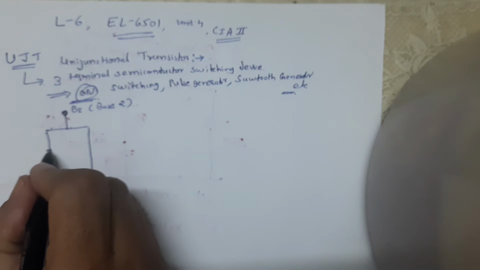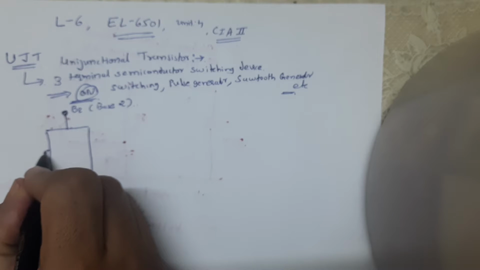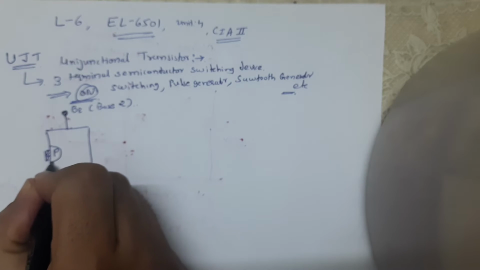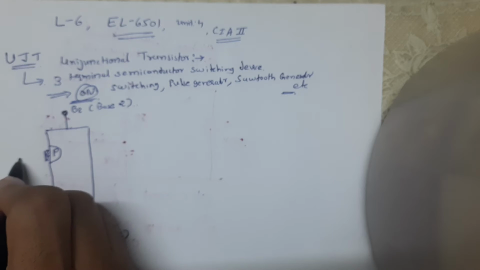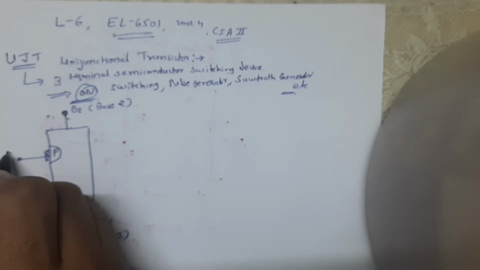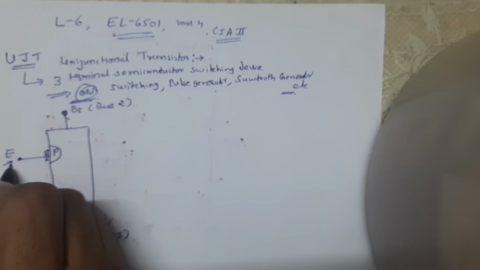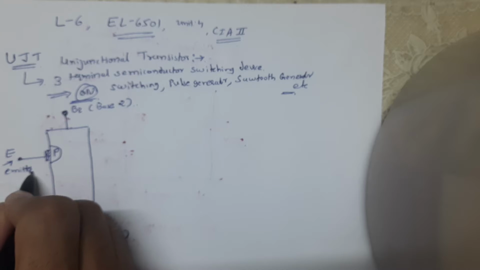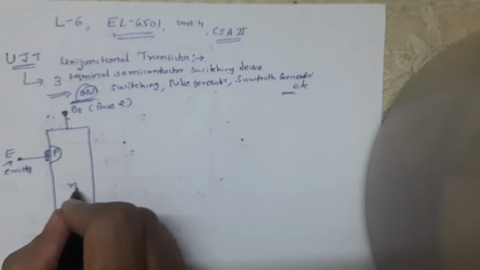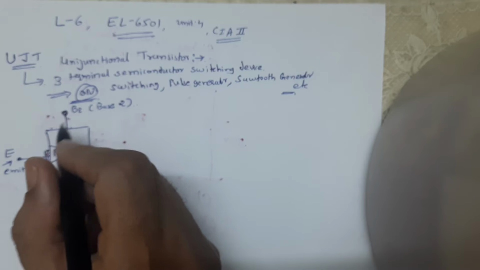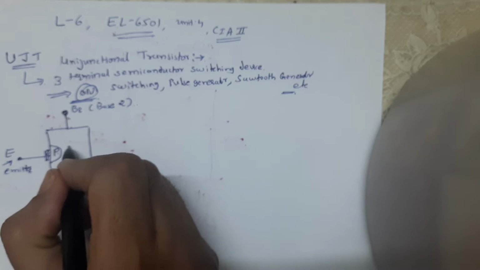And there is a P-type material here. This is your emitter. This is N-type material. This is P-type material. This shows us the PN junction, P and N.